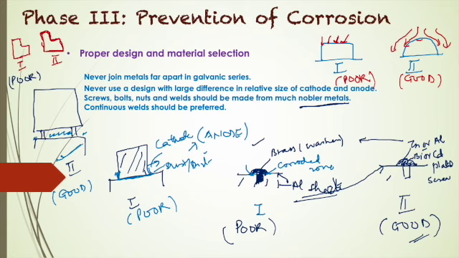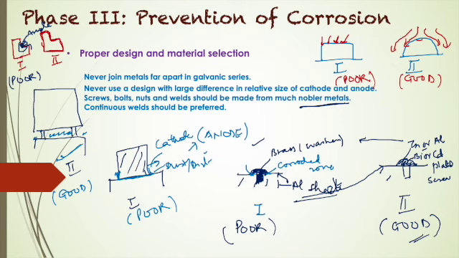Why? Because these sharp corners are a good place for the dust and dirt to accommodate. No matter how efficiently, daily, regularly, religiously you clean these surfaces, you won't be able to take out the dust and the dirt which has deposited over here. As soon as that happens, this part will behave as anode, and the nearby part will behave as cathode. Why?